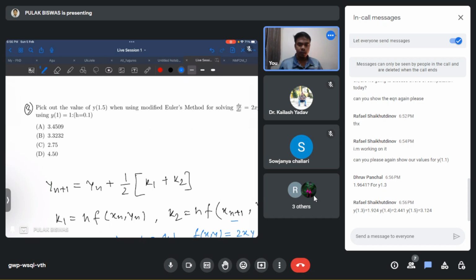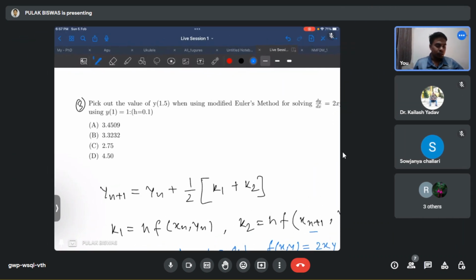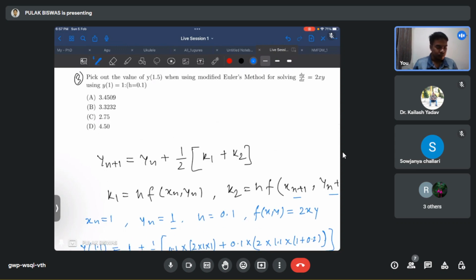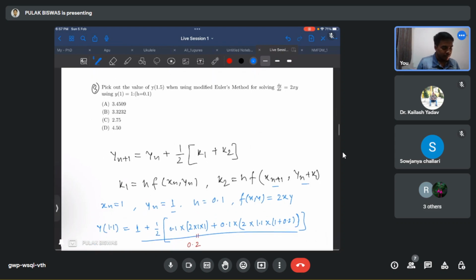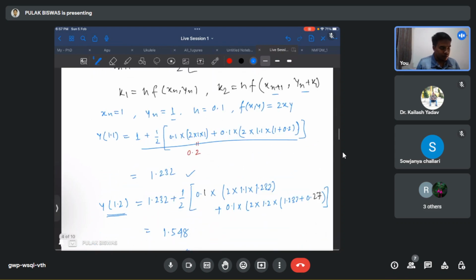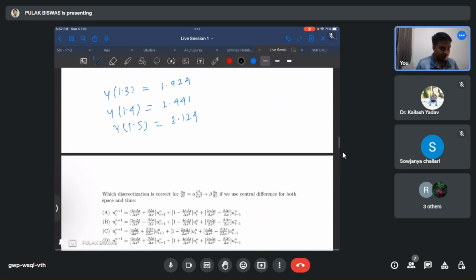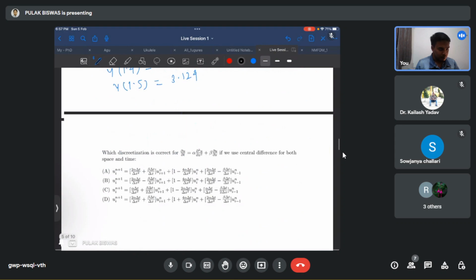Maybe slight mistakes you have made. So you can do it correctly and choose the correct option. I think you can complete this problem. So I'm going to the next problem, the fourth problem.